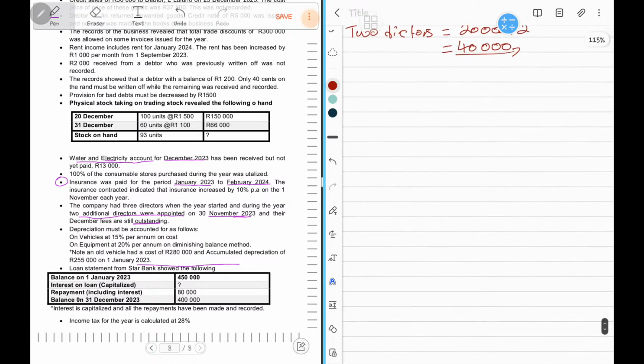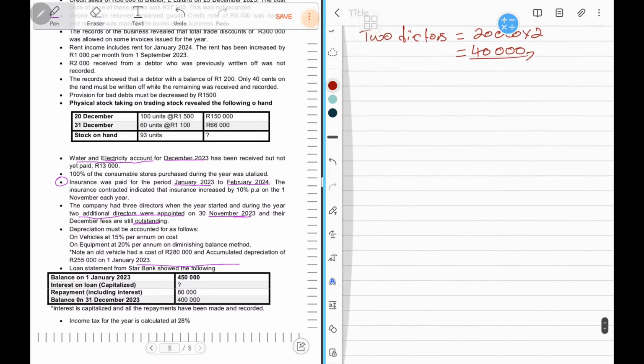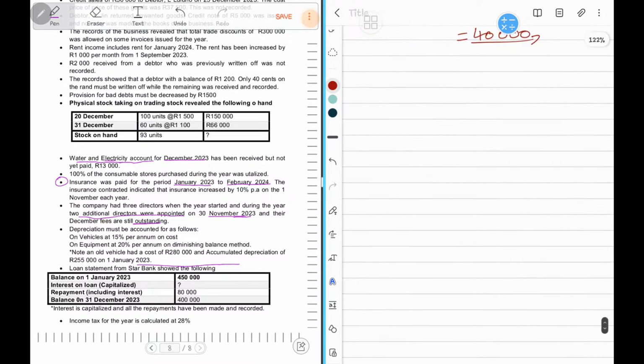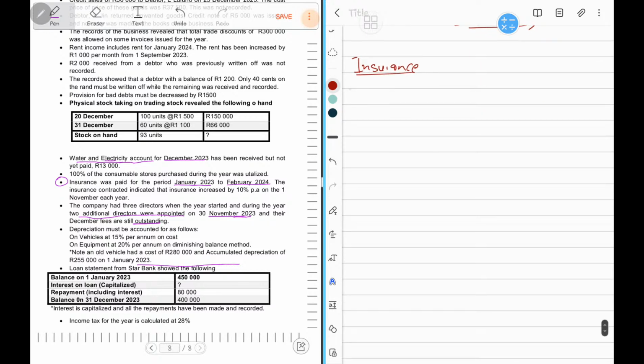Now any expense that is outside the financial year that is paid will be a prepaid expense, therefore we have to subtract it. So here we're going to say insurance. Now if you have the rent formula, that is the solve for X method, you can use it to find the insurance amount. So here I always try to rely on the trial balance.